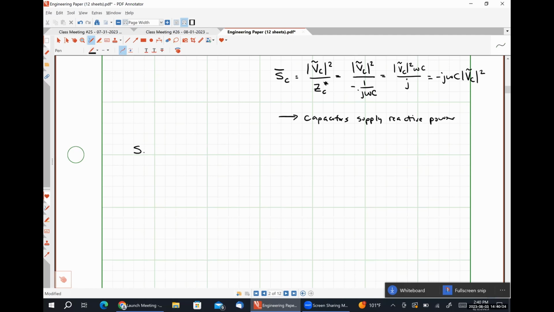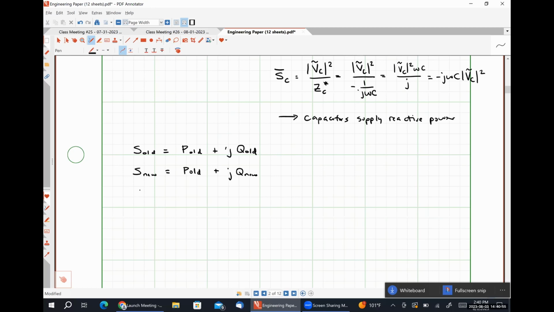Okay. So our complex power S old is real part P old plus the imaginary part jQ old. And the complex power S new is that same P old plus jQ new.